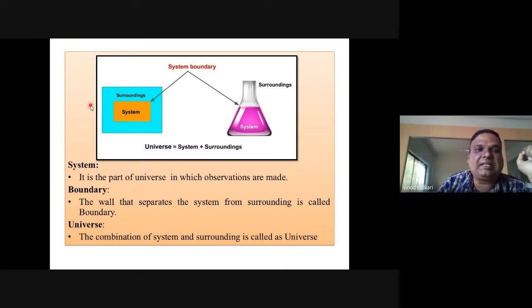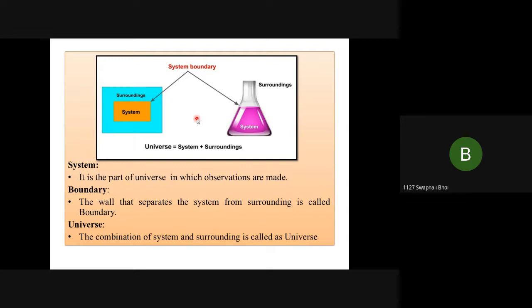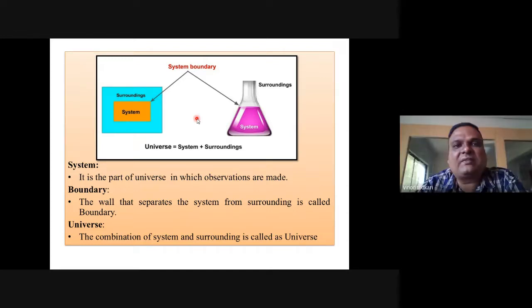Okay. Now, what is surrounding? Everything in the universe other than system is called surrounding, because system plus surrounding is equal to what? Universe. So there is a simple equation: system plus surrounding is equal to universe.